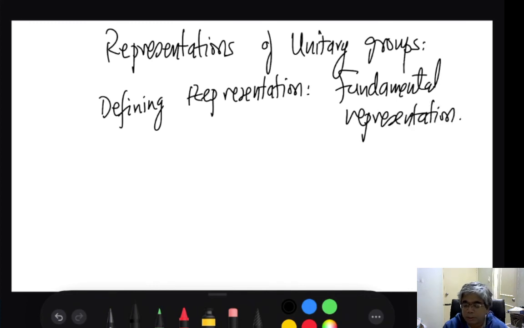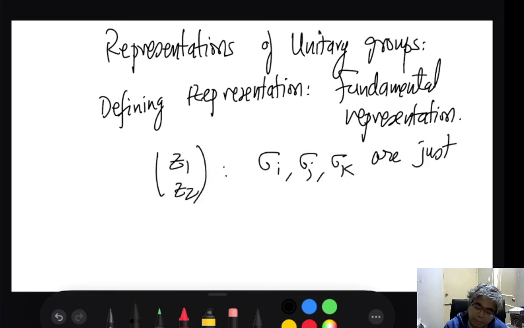So this is a representation, with Z1 and Z2. For example, in which case the sigma matrices are just two-dimensional.